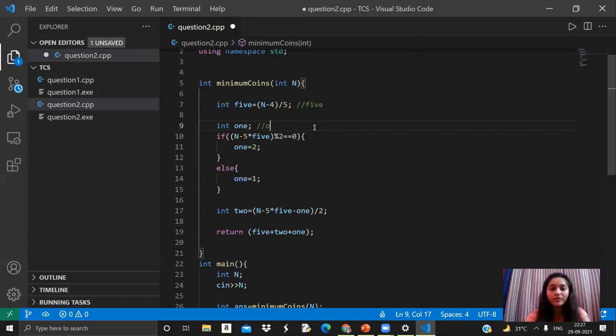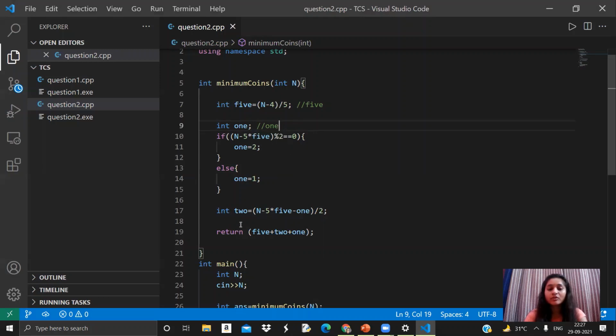So this is for 1, and I'm checking if the remaining number is even, then I'll be including 2 ones, or if the remaining number is odd, then I'll be including only one. So I'm here taking (n minus 5 into the number of 5s) percent 2. If this equals 0, then ones equals 2, or else ones equals 1.